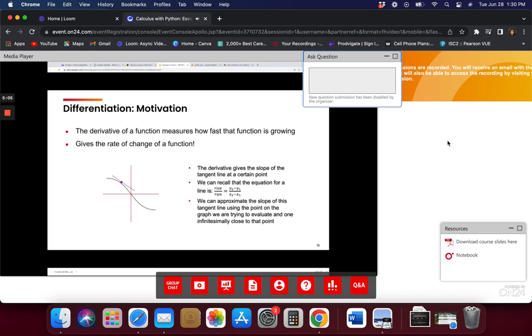So I see a question in the chat. Do imaginary numbers play any role in machine learning? That's a great question. Imaginary numbers sneak up in a lot of ways in math that we don't always realize on a first pass. I'm blanking on explicitly how imaginary numbers are relevant. On our next break, I'll do a little more digging and come back with a better answer for you. But I wouldn't be surprised if there were some application.